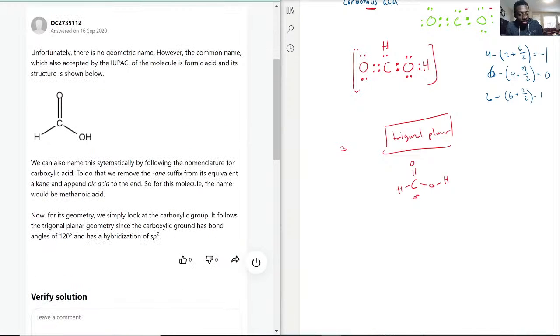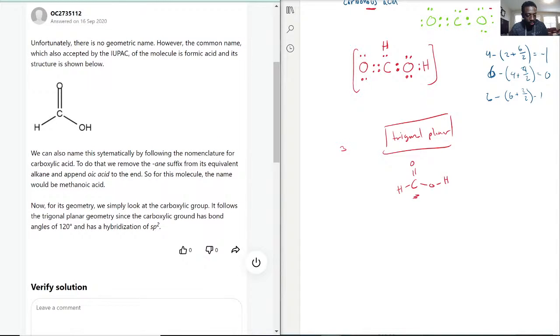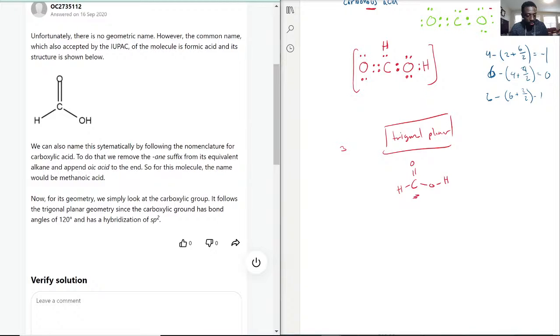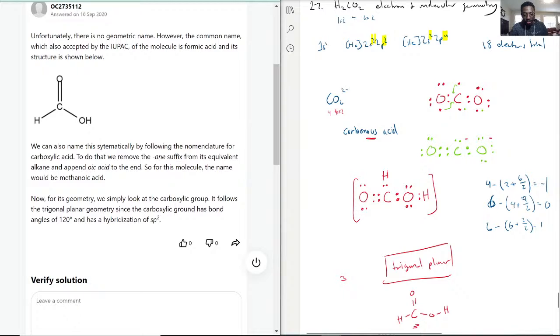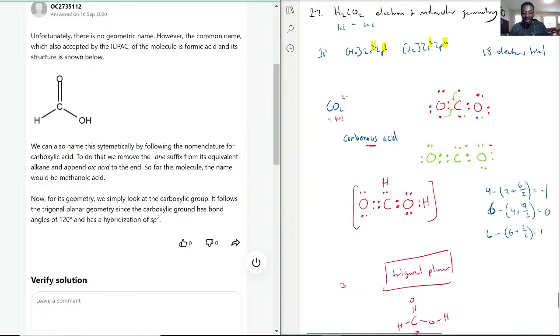But yeah, so formic acid, which is also known as methanoic acid. So we were on a whole different wavelength, people. But that's okay.